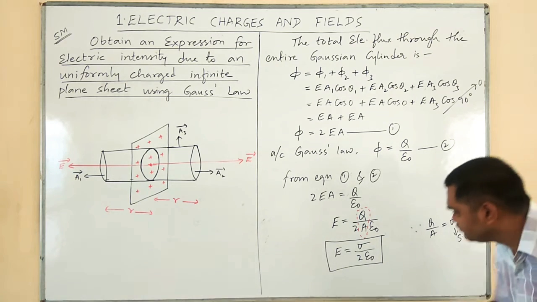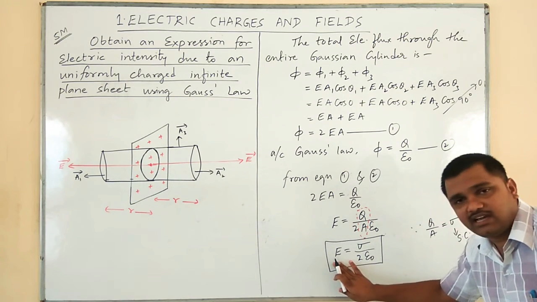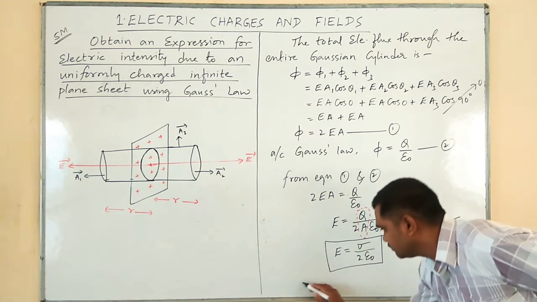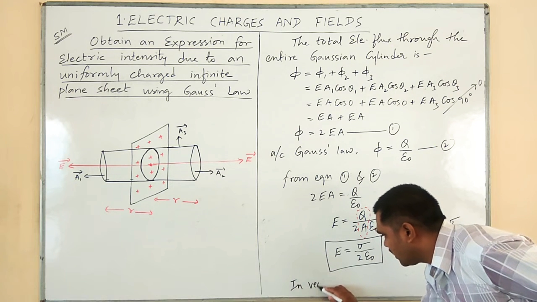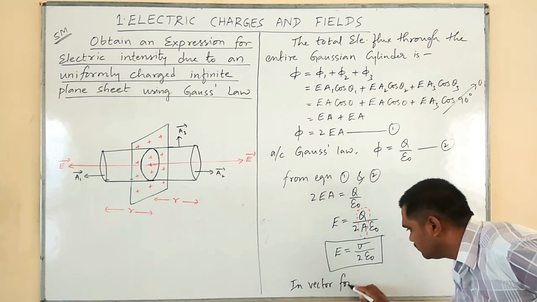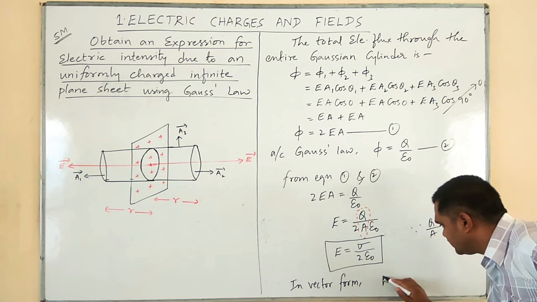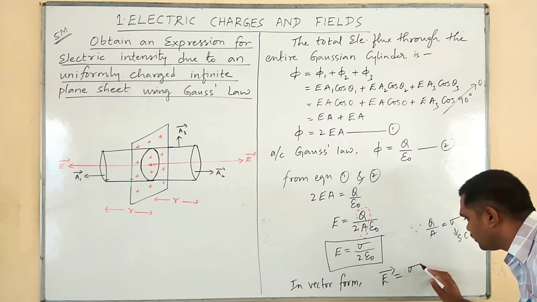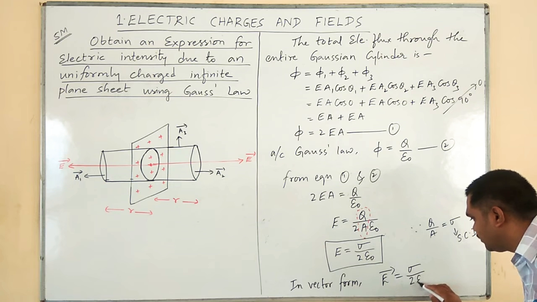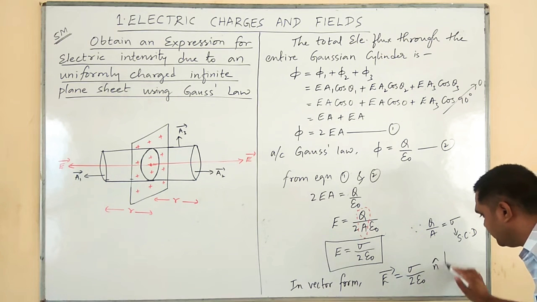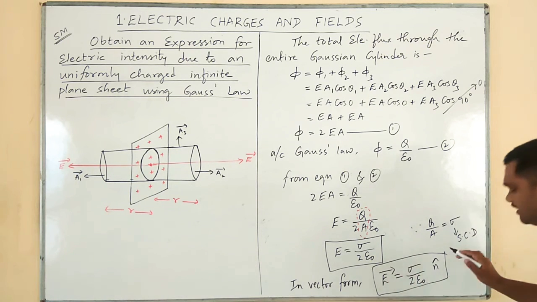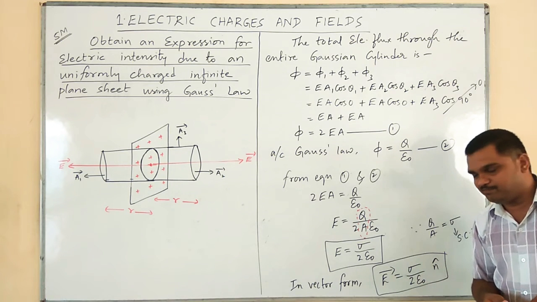Okay. Finally, suppose if you want this expression in vector form, we can write this as E vector is equal to sigma by 2 epsilon naught into n cap. And I think you know the story of n cap.